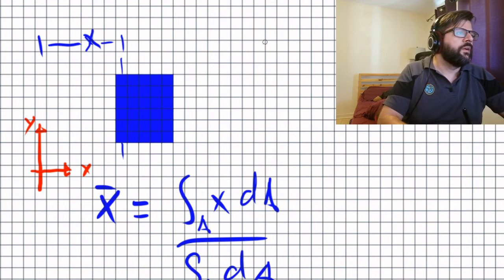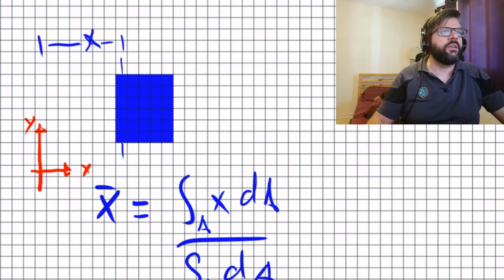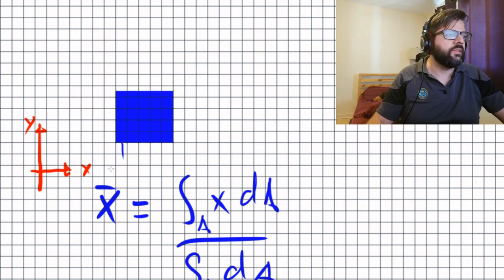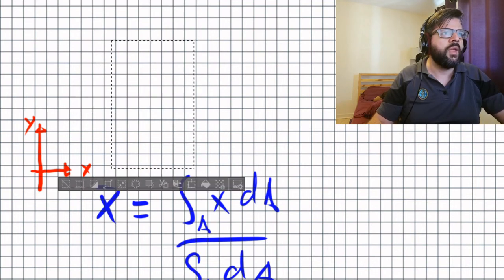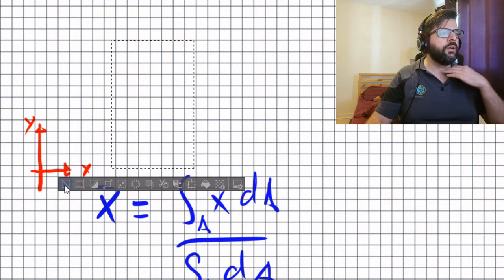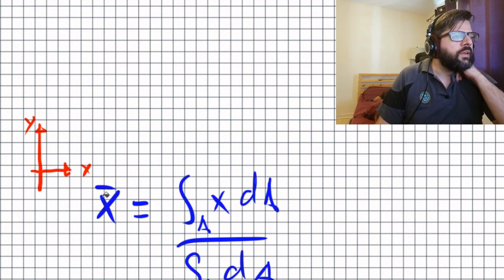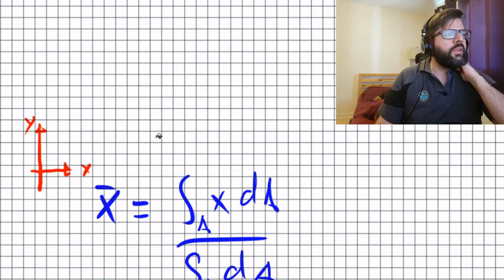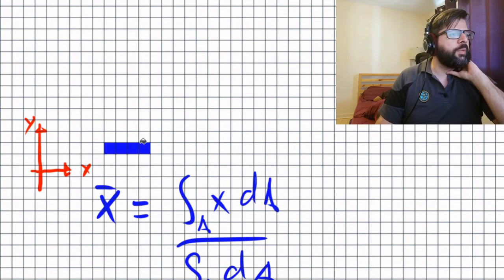So I think one thing that can be seen fairly easily here is that when you're taking the location of the x portion, it's independent of where it is in the y, right?